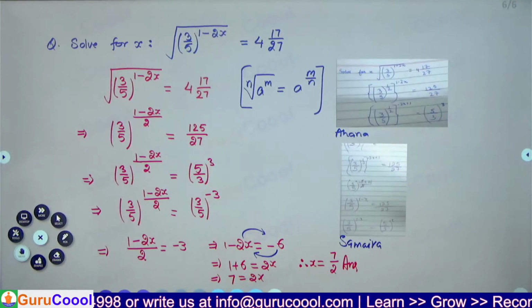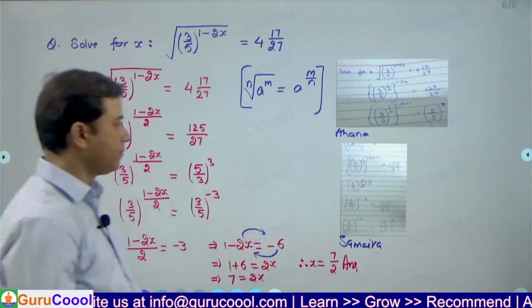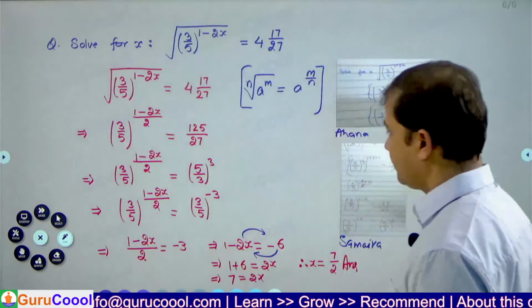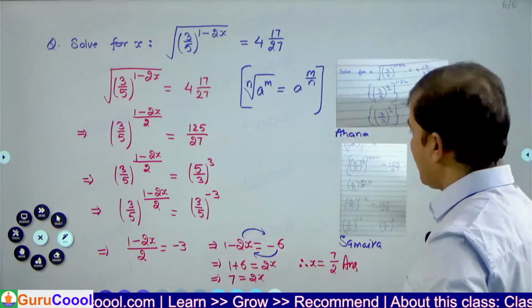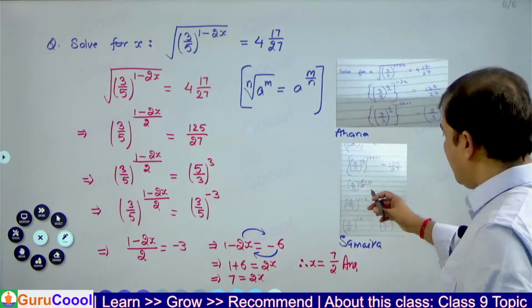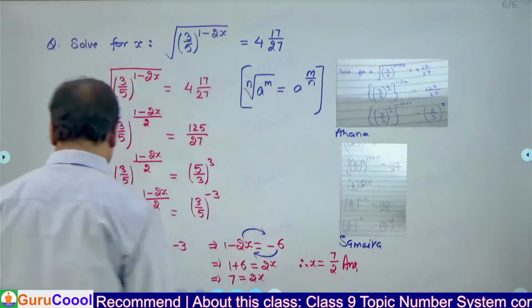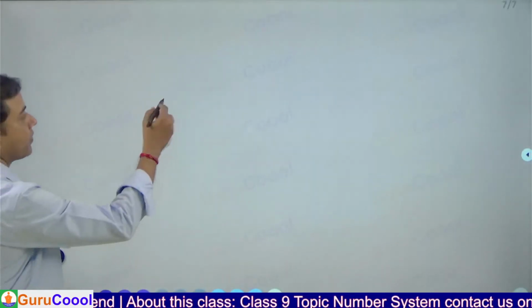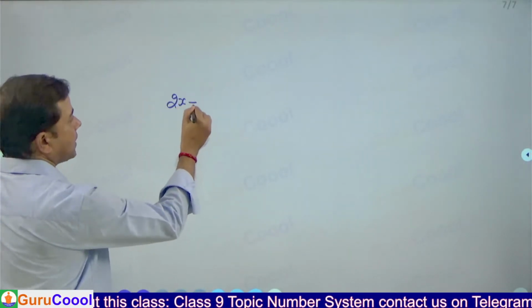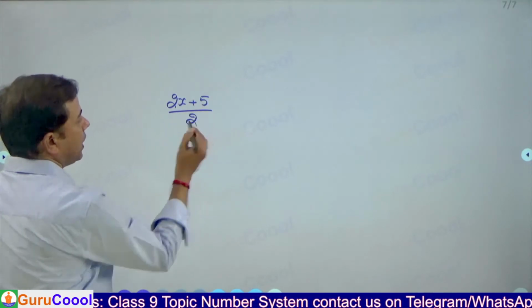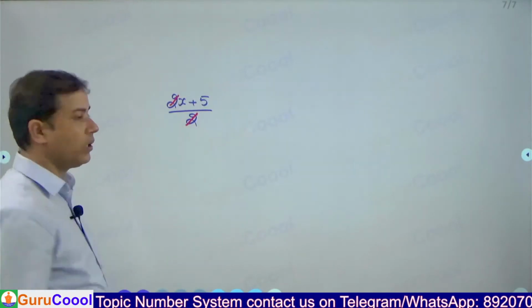Why didn't we cancel the 2x and 2? That's wrong. You cannot cancel like this. If it is (2x plus 5) divided by 2 and you are cancelling this, you are doing it wrong.